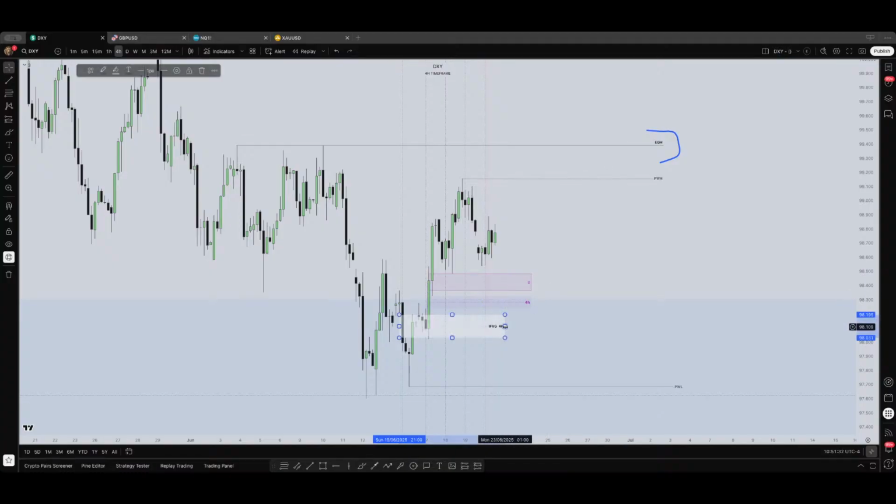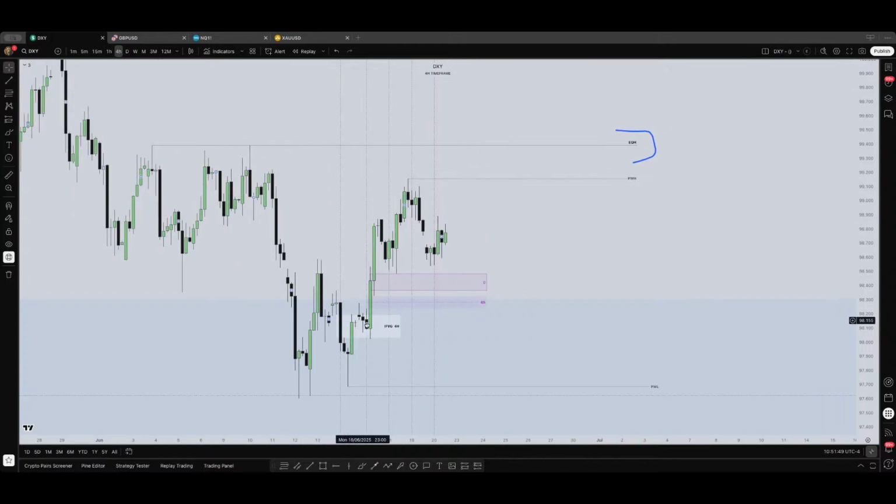As you can see, this inversion fair value gap worked very nicely last week. You see how, after price went through it, normally this is a fair value gap, but if you see price going through it, it's not a normal fair value gap anymore, so you call it an inversion fair value gap and use it the opposite way.